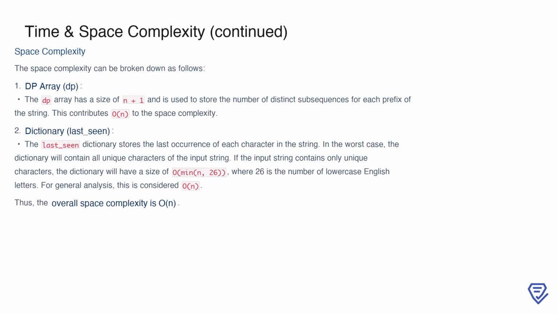In the worst-case scenario, where all characters in the input string are unique, the dictionary will store all unique characters. For lowercase English letters, this size would be min(n, 26), but for general analysis, it is considered n. Combining these, the total space complexity is O(n), as the dominant factor is the linear growth of the DP array and dictionary with respect to the input string length.